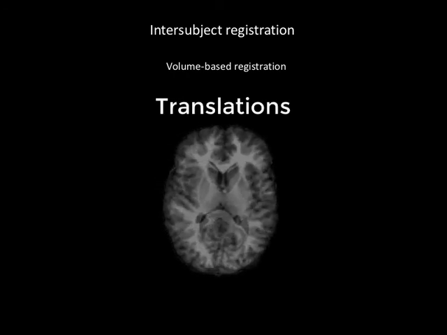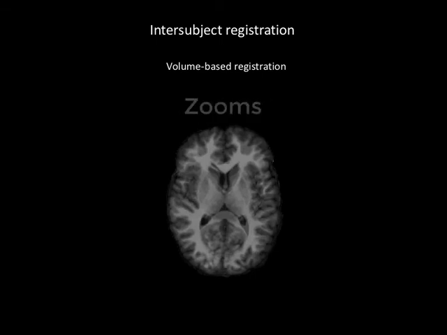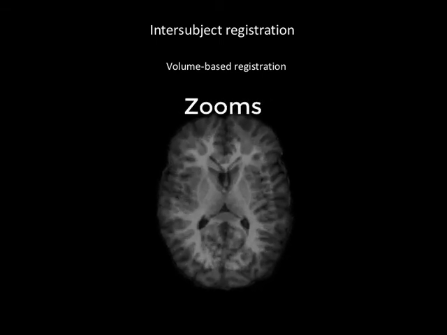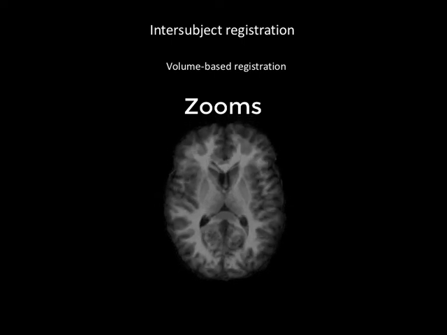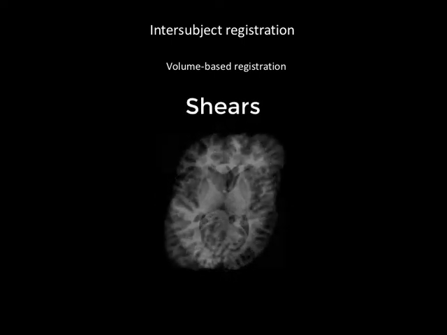So translations, shifting it a little bit to the right, fine-tuning it, trying to overlay it as well as possible, as well as rotating it. We can zoom it out, make it bigger, or we can make it a little bit smaller to make that registration much more clean. Or we can do shears where you take the opposite corners, like a rectangle, and make it more of like a parallelogram.